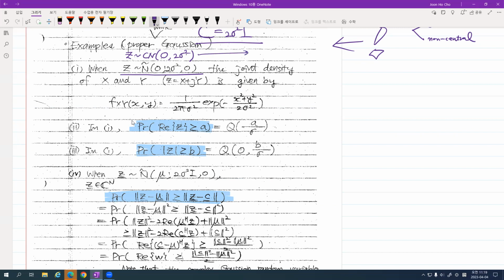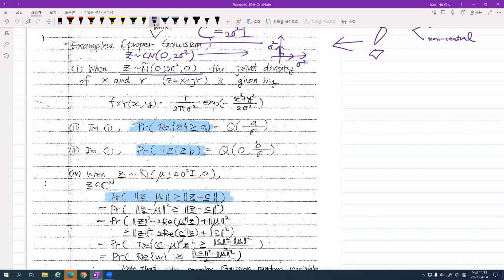And given that, you immediately have this figure in your mind, so it corresponds to a two-dimensional real Gaussian random vector, and the mean is located at the origin. And what is the variance of the real part and the imaginary part? Sigma square. So the real part has variance sigma square, and the imaginary part has variance sigma square. Got it?